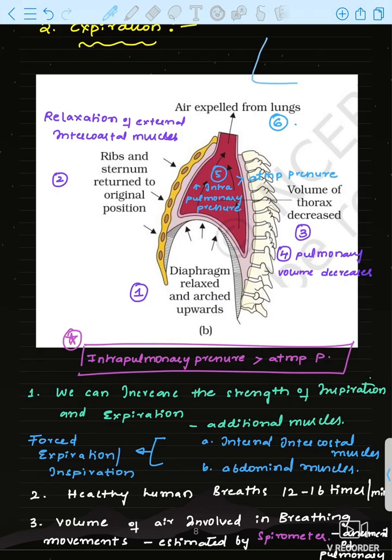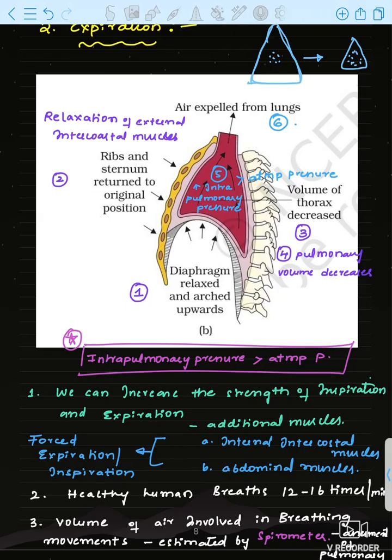And what happened now? See, the lung was like this, no? Muscles were contracted and volume was increased, so intrapulmonary pressure was less. Now it is coming back to normal position. Now the pressure is more.